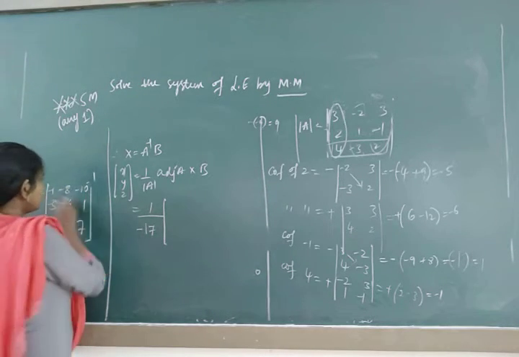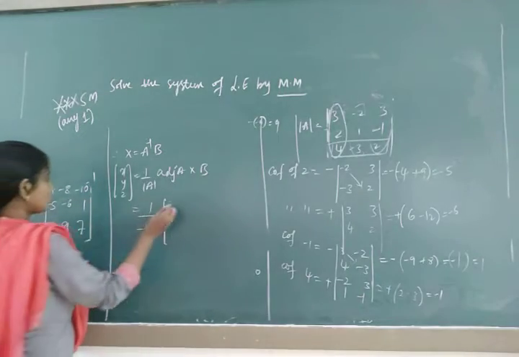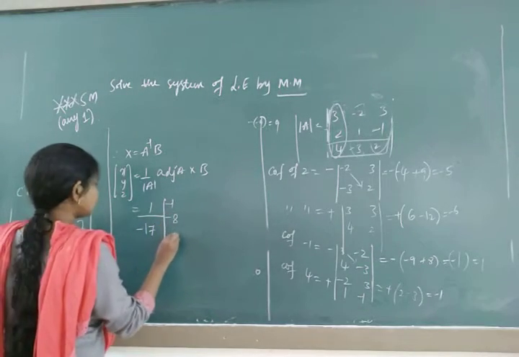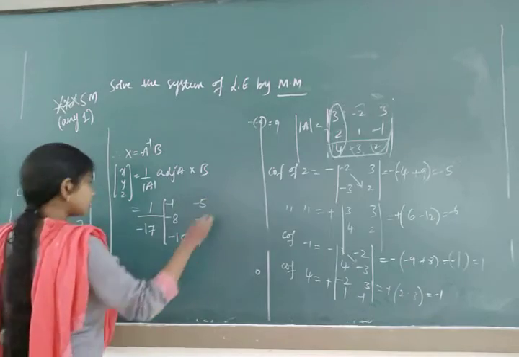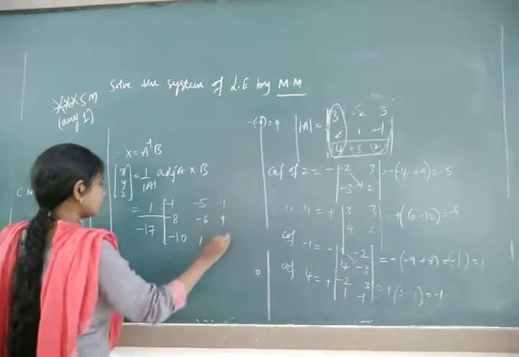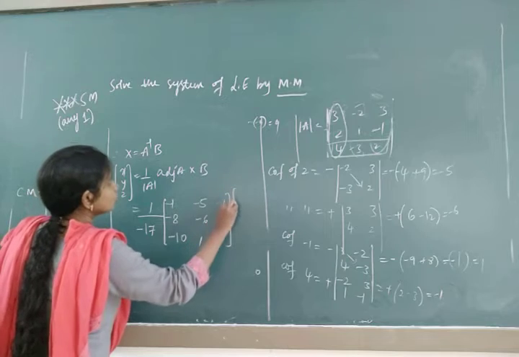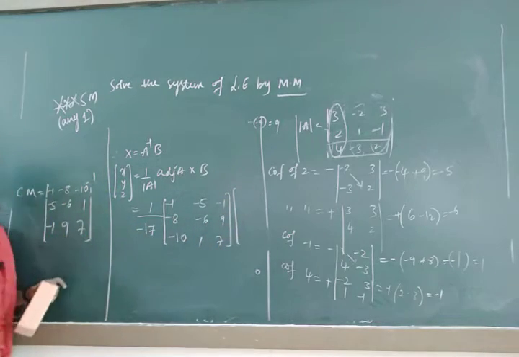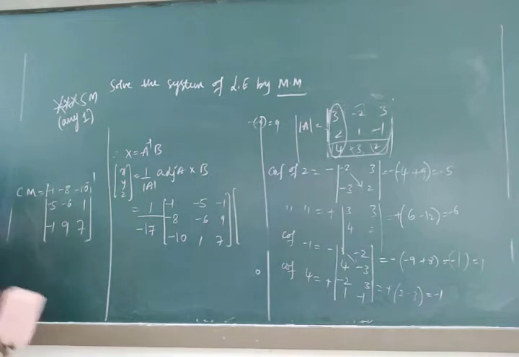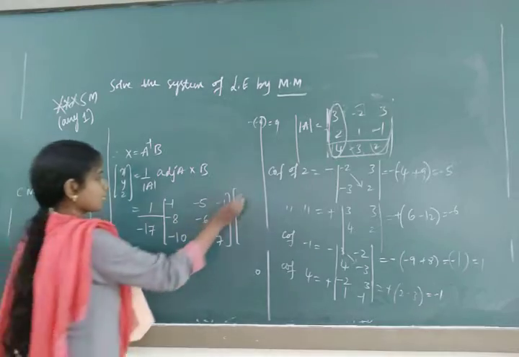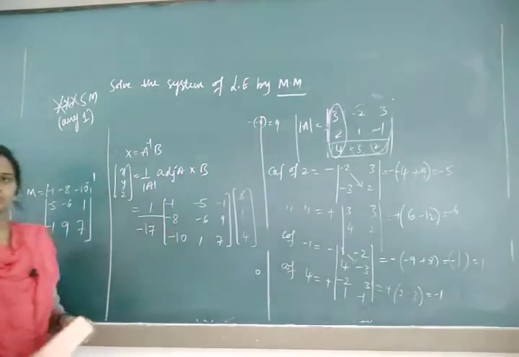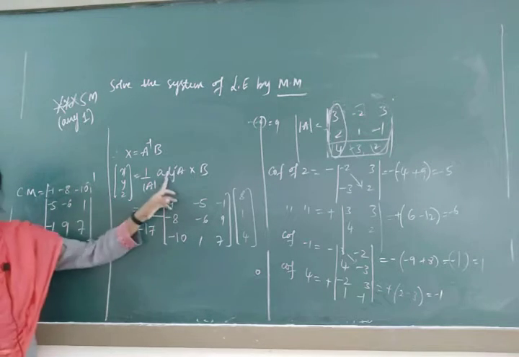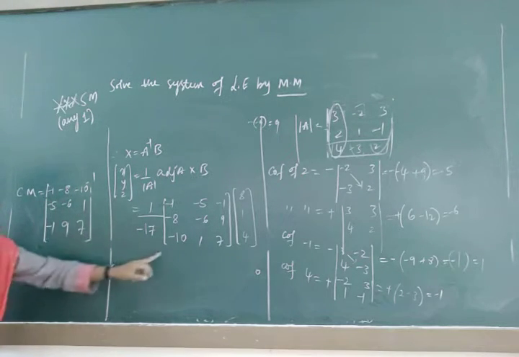Whatever the row is, it will become a column. Minus 1, minus 8, minus 10. It's a minus 5, minus 6, 1. Minus 1, 9, 7, multiplied with the constants. What were the constants I have given? 8, 1, 4. It's the adjoint A.